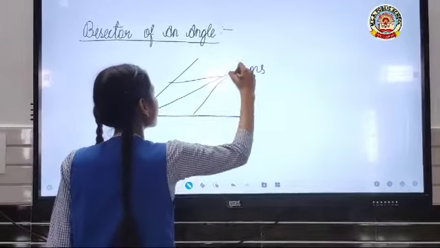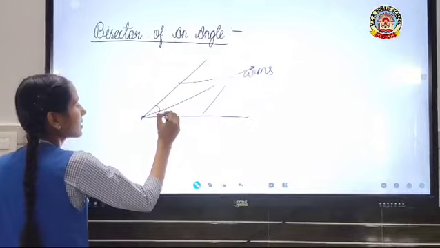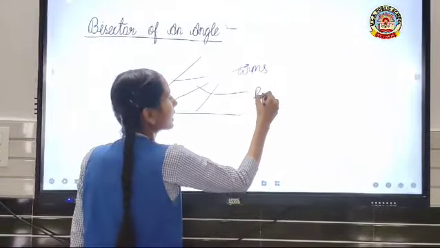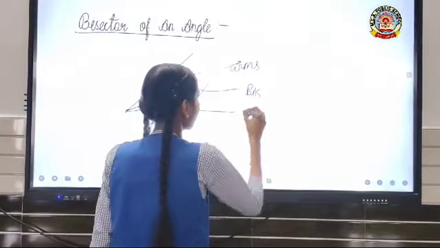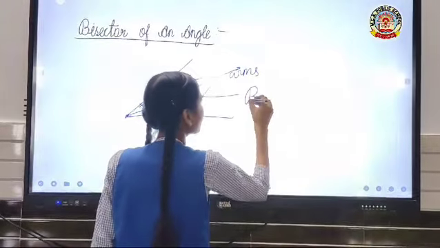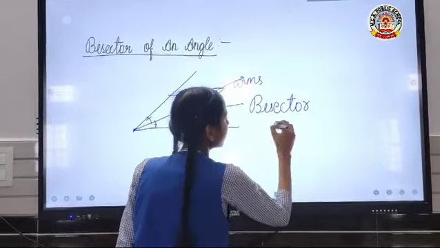If there is a ray which bisects it into two equal parts, means this angle and this angle will be equal, then it is called the bisector of an angle.